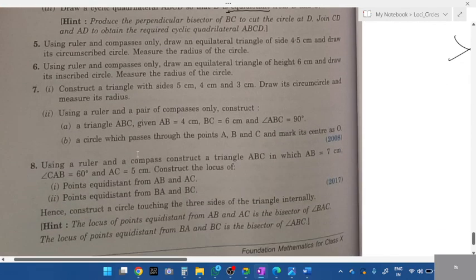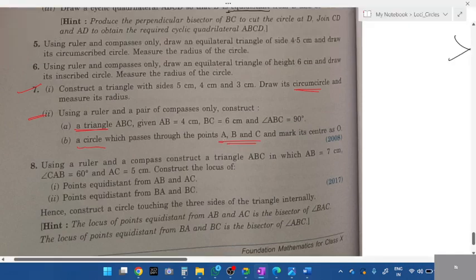Okay, next. 2008. What kind of question have they asked students? Construct a triangle and circumcircle. So, the second question. A triangle. A circle which passes through the points. Tell me whether it is a circumcircle or incircle, students.